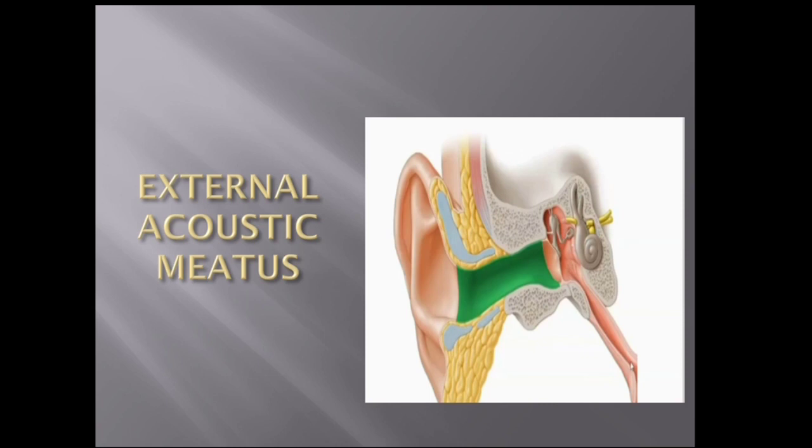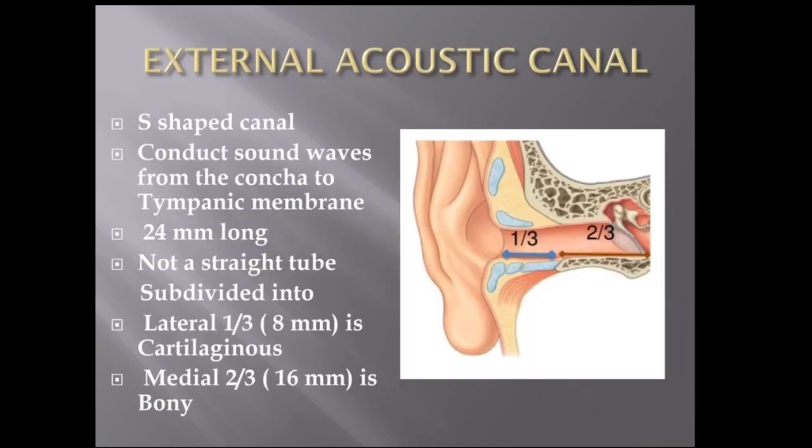Now, some details about external acoustic meatus. This external acoustic canal is an S-shaped canal that conducts sound waves from the concha to the tympanic membrane. It is 25 mm long, not a straight tube, subdivided into lateral 1/3 and medial 2/3 part.